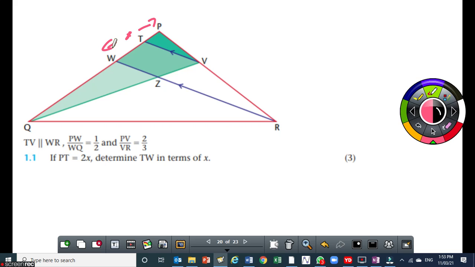Based on the concept of the constant, that one there I can multiply by a constant x, and this 2 I can also multiply by a constant x, because the two sides are on the same side of the triangle. So WQ is going to be 2x.